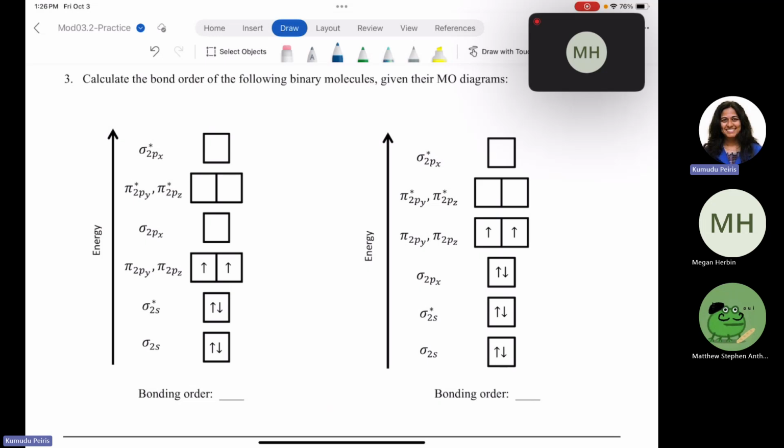Now, we're going to calculate the bond orders. What is the equation for the bonding order?